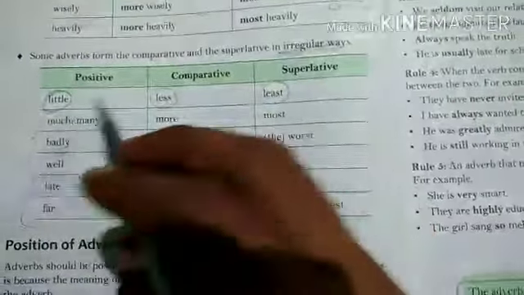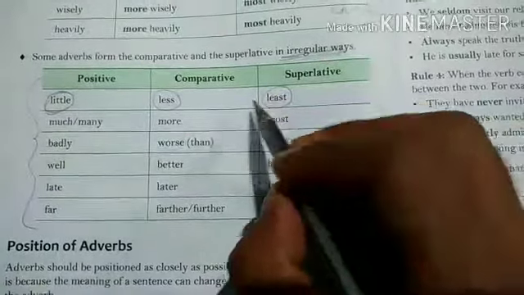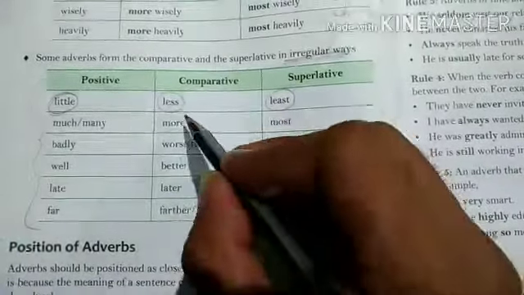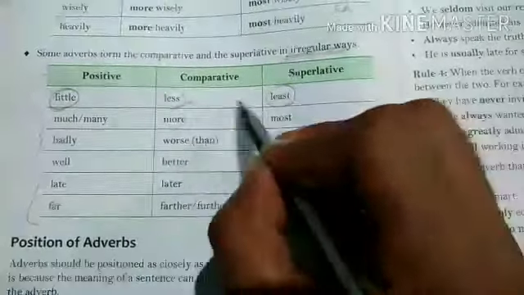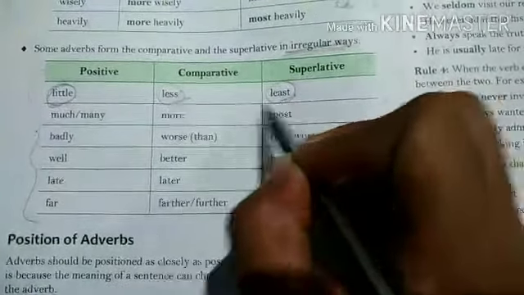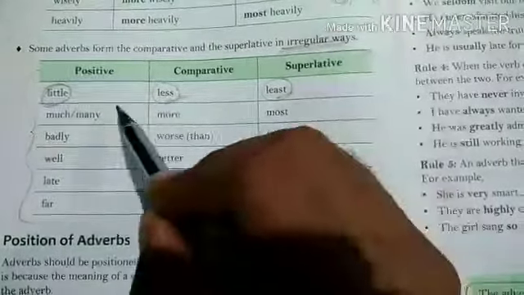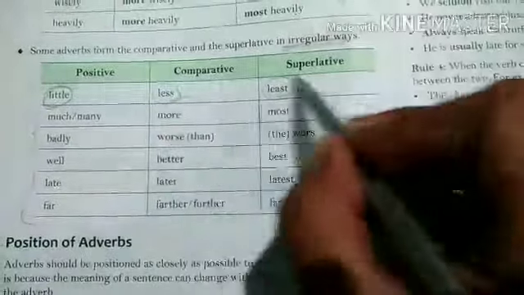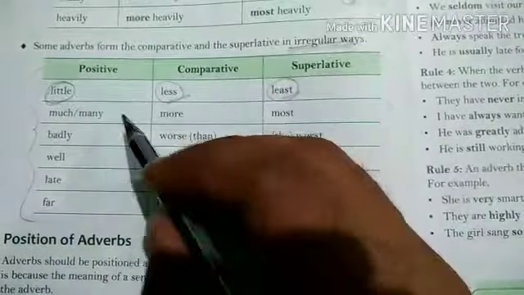So in each degree of comparison, it has changed itself. The word little has changed itself into a new word. So we don't find the same original word in each degree. This kind of comparison is called the irregular degree of comparison.